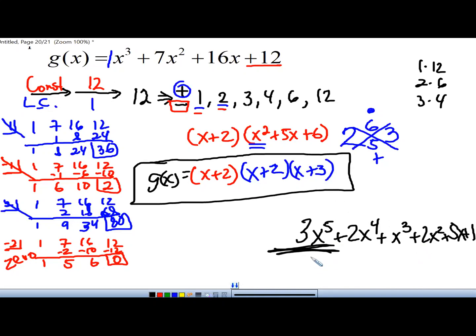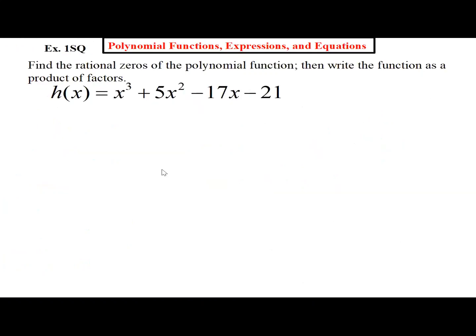The coefficient is a number multiplying the variable. What number is multiplying the variable? The 3. This is our leading coefficient. Since this one doesn't have a number there, then it's an invisible 1. Okay. All right.